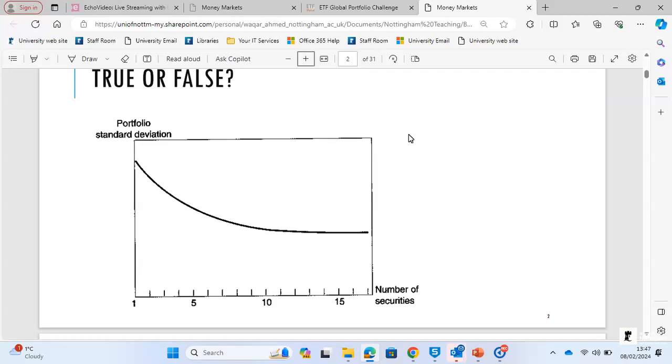If we have just one security, our standard deviation is the highest. But as we add more securities, you can see the standard deviation goes down. And adding more securities means we are creating a portfolio, which is a combination of different assets.